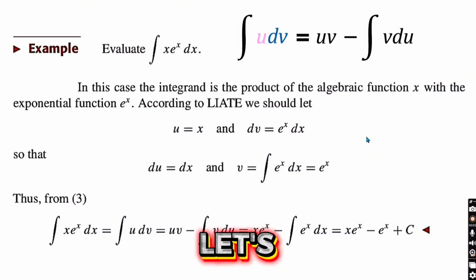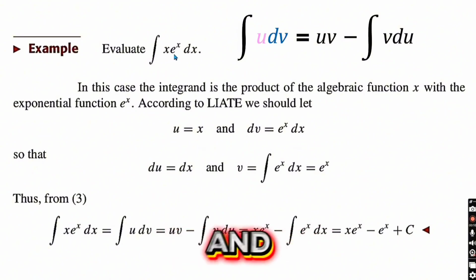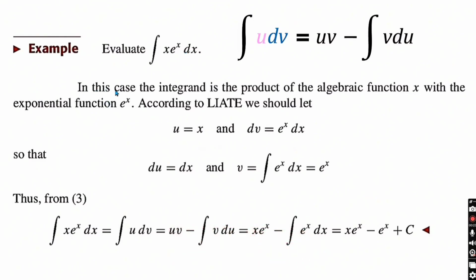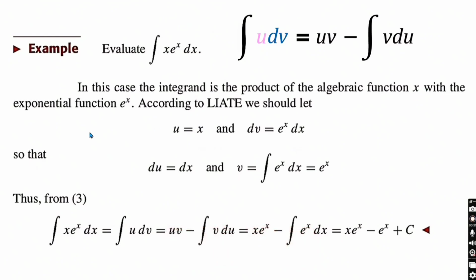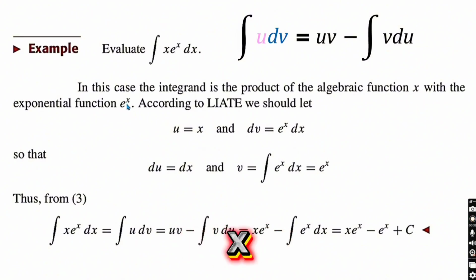Got it? Let's apply the integration by parts rule. Evaluate the indefinite integral of the product of x and the Euler's number, or e raised to the power of x, with respect to x. In this case, the integrand is the product of the algebraic function x with the exponential function Euler's number raised to the power of x.